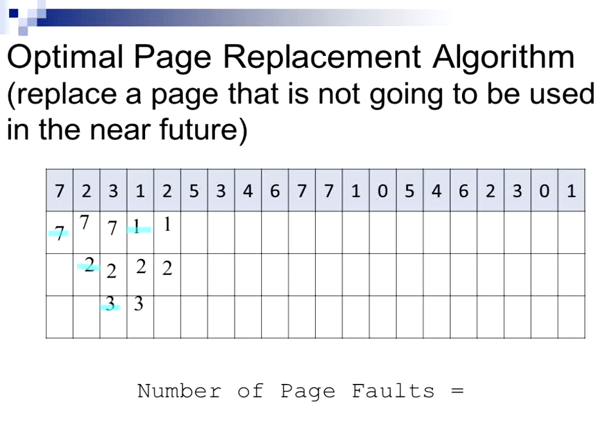Okay, so what usually is done is they look at past history. They could look at past history when they're developing an operating system and say, okay, here's what my page reference string looked like in the past.